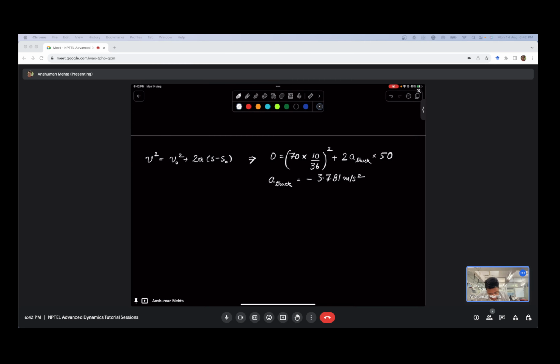Now using the other formula, v is equal to v naught plus a into t minus t naught, this will give us t stop, or the time at which it will stop, which comes out to be 5.14 second.